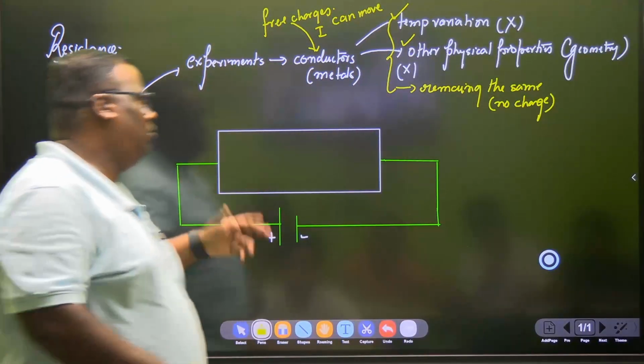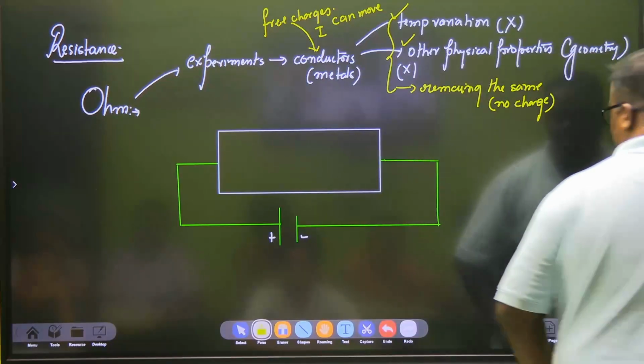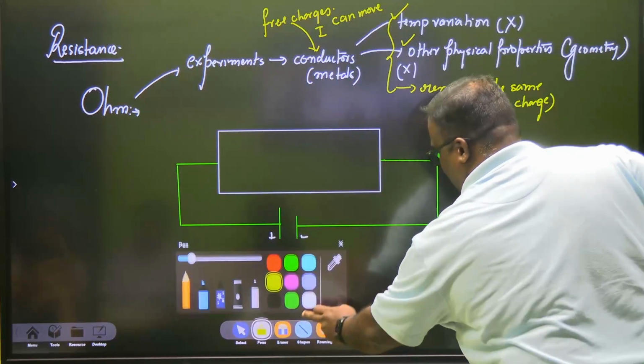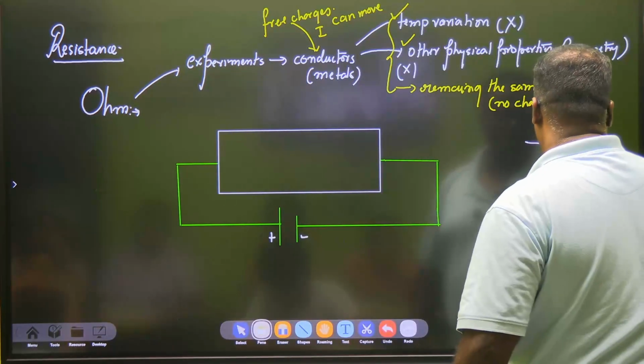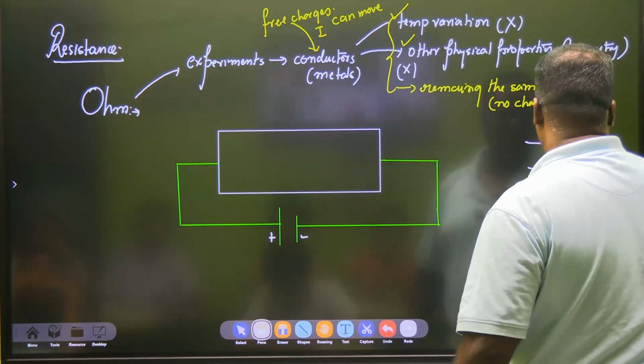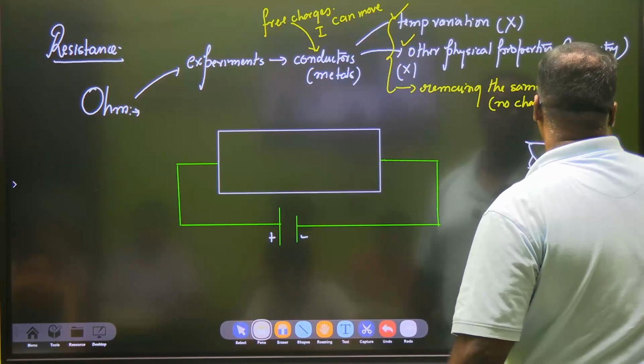One more drawing just to understand this. Let's say I have a piece of conductor and a piece of insulator.